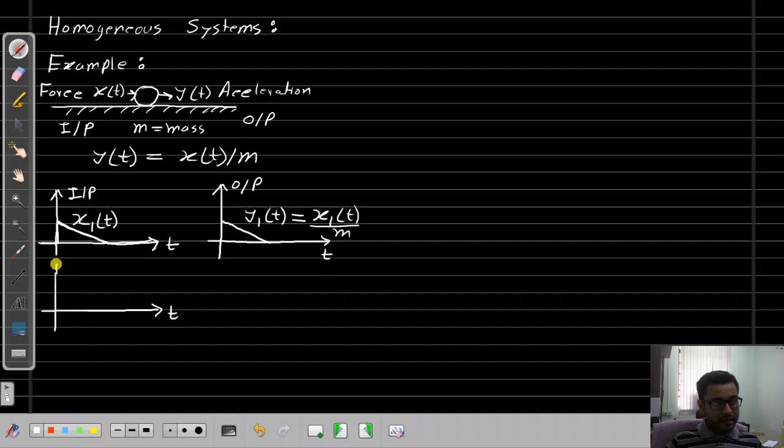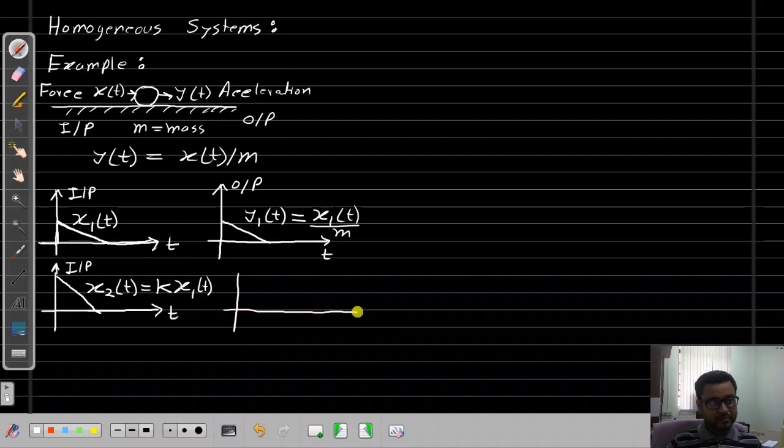Now for this system, assume that you apply a different type of input pattern, which is like this, which is larger than the previous input. Call it x2 of t, which is k times larger than the previous input x1. Now how will the output look like? Output will also look like this.